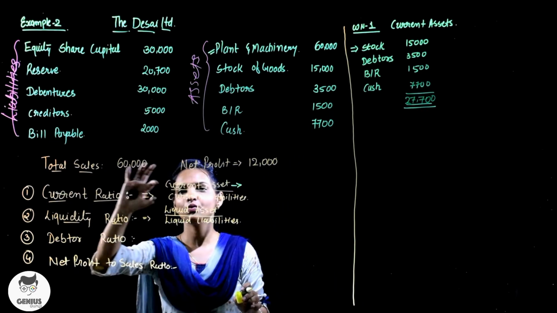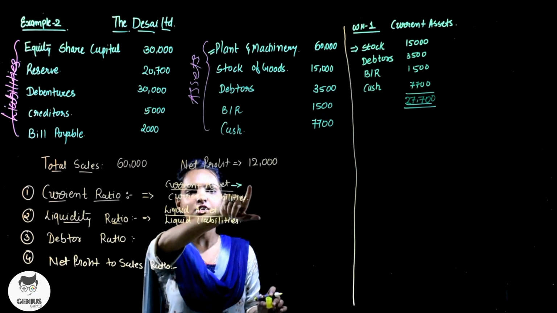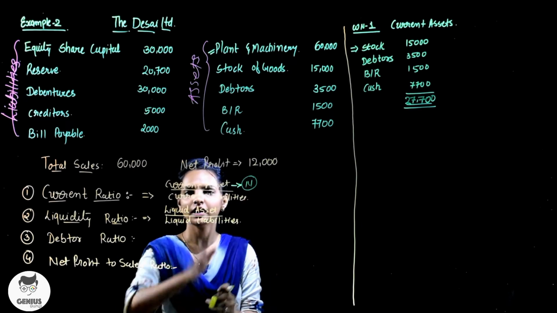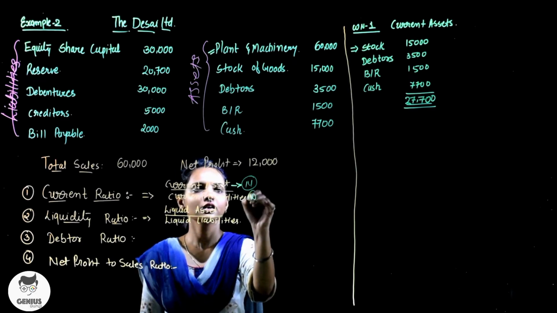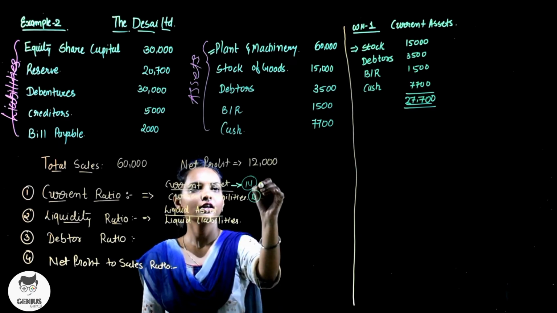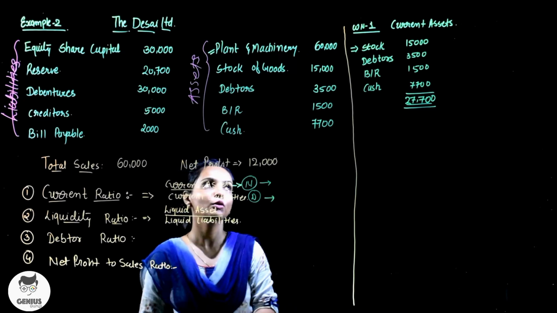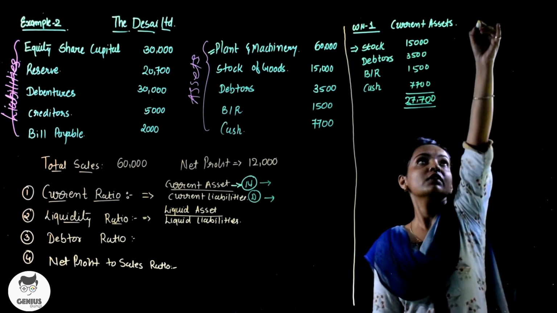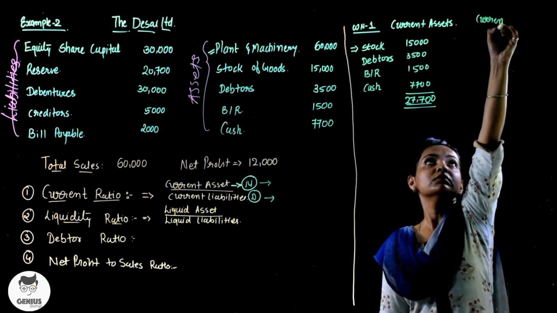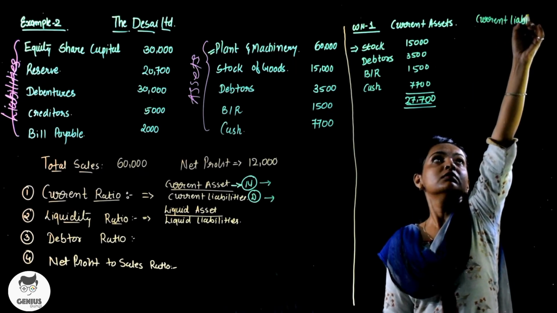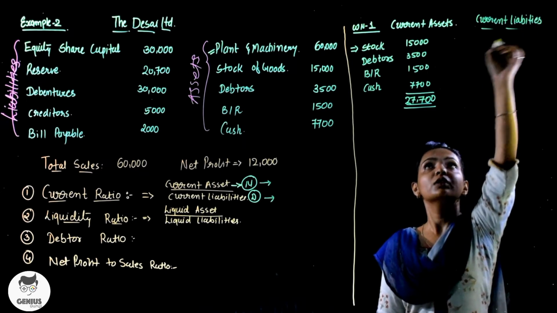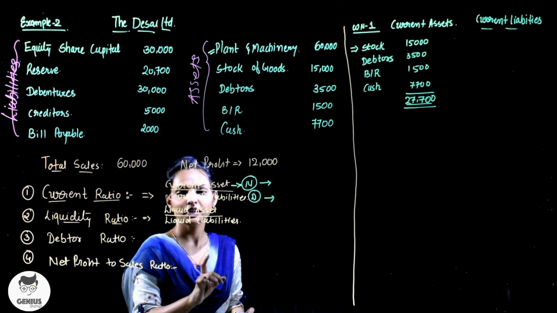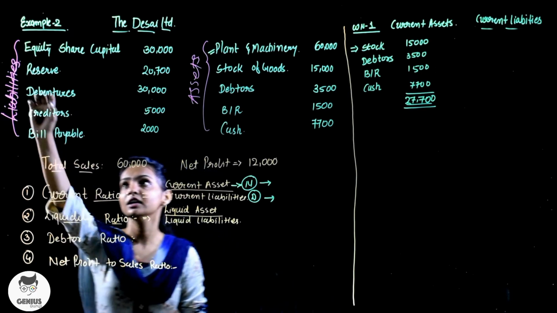So it is clear now. In the first ratio we are using two terms. As a numerator we are using current assets and as a denominator we are using current liability. We have calculated our current assets. Now we have to calculate our current liabilities. This is your equity share capital, but it's long term, so we cannot add it in current.